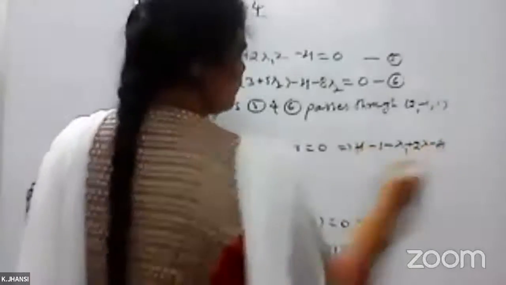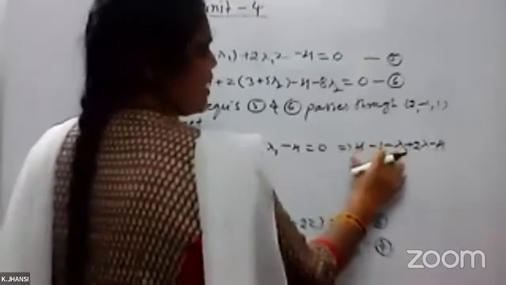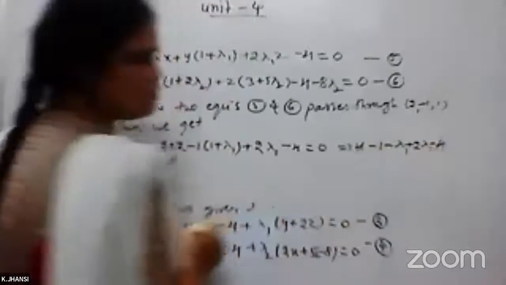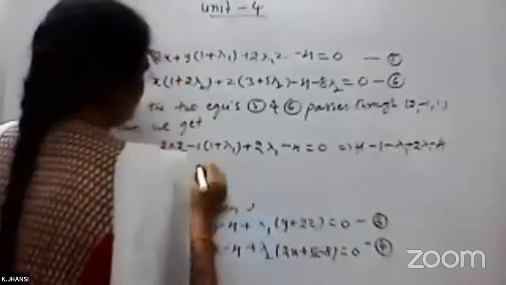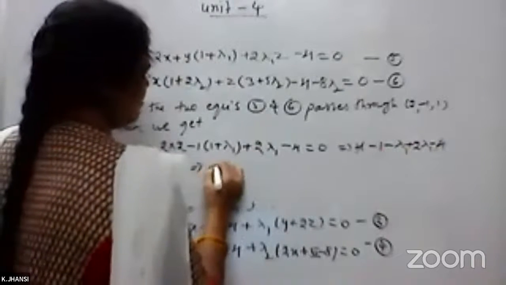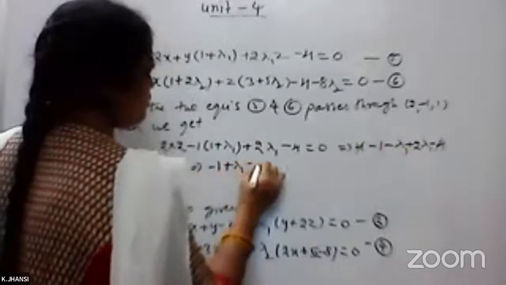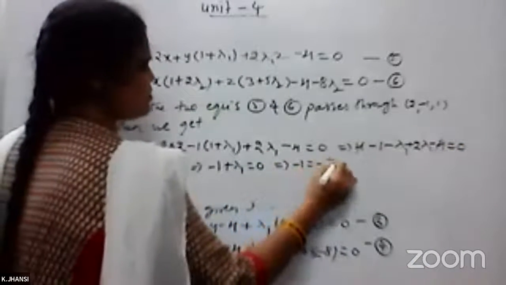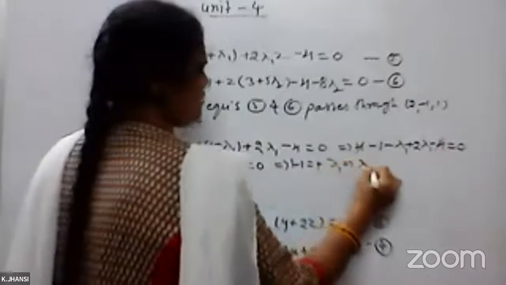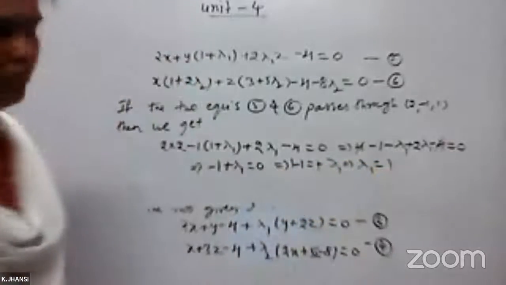So 4 will get cancelled here. Minus lambda 1 and plus 2 lambda 1 means you will get plus lambda 1. That implies minus 1 plus lambda 1 equals 0. Okay, so you will get minus 1 equals minus lambda 1. Both will get cancelled, so lambda 1 is equal to 1.